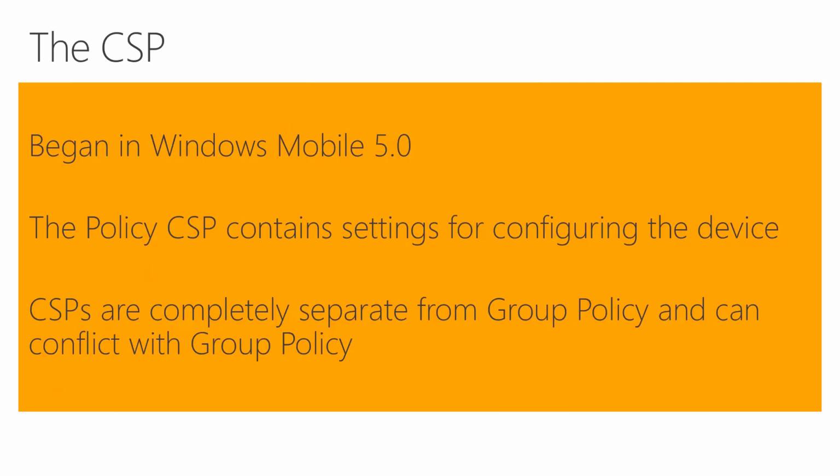Now, the challenge is that you've got to make sure that you're not sending conflicting settings to the device through local policies or through, say, traditional domain join group policy, because these policies will conflict with each other.